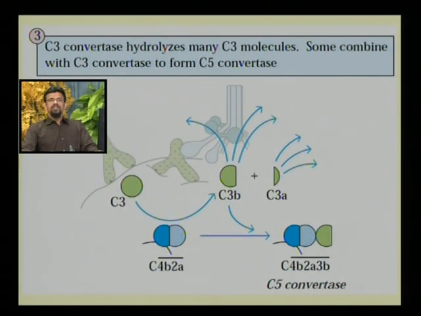The C3 convertase that we saw in the previous slide hydrolyzes C3 molecules, and not just one but many. Some of these C3 subcomponents combine with the C3 convertase, and this will form another complex, that is C5 convertase.